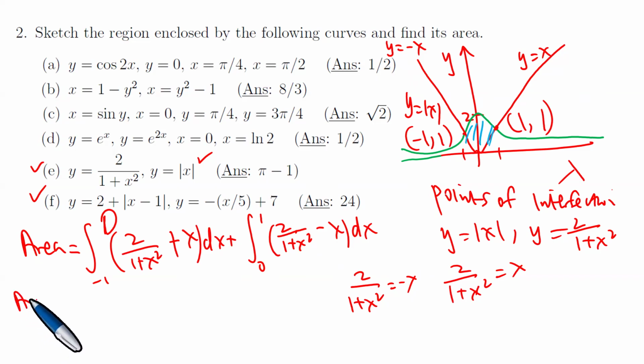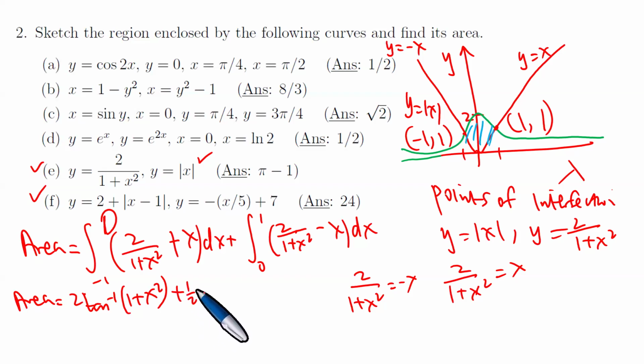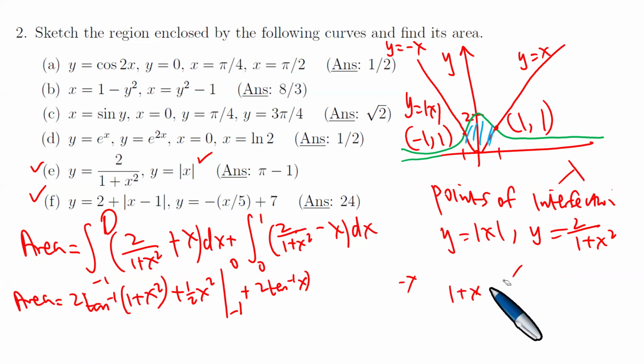Right, so the area, you have 2 arctan x, minus half x squared from minus 1 to 0. Okay, let's check this one out.